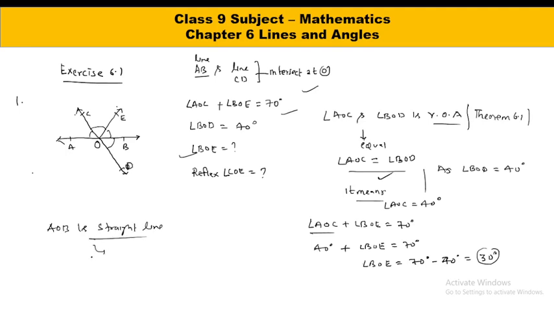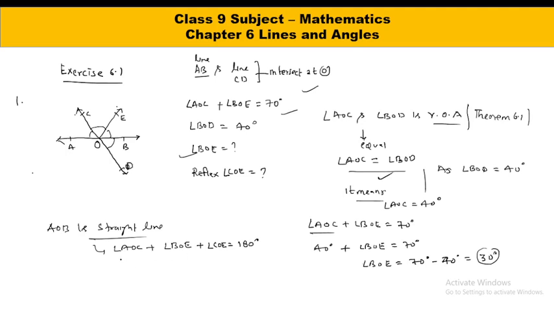So whatever angles it is forming, if we add together, it will be a sum of 180 degree. Angle AOC plus angle BOE plus angle COE will be equal to 180 degree.